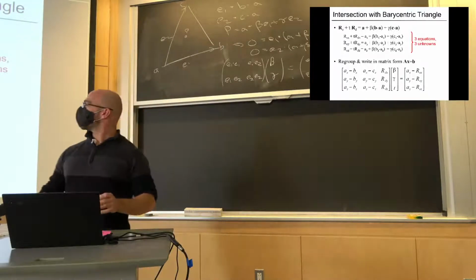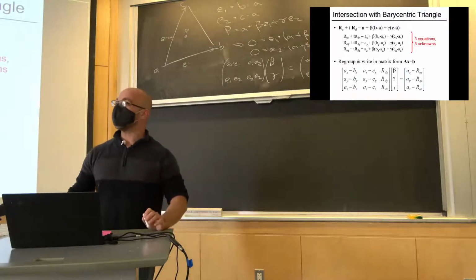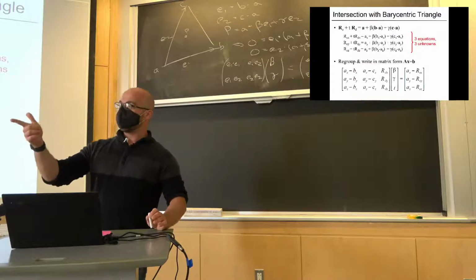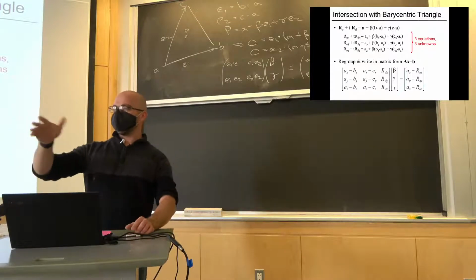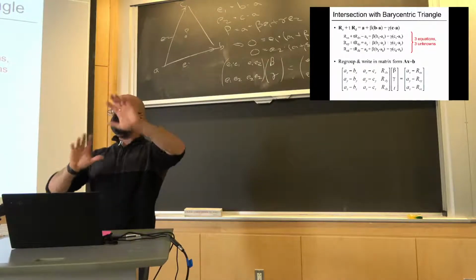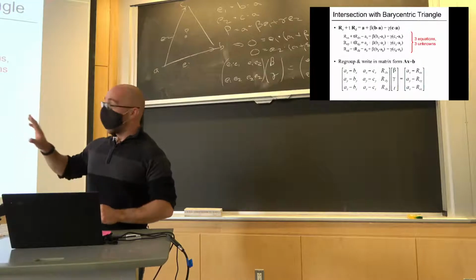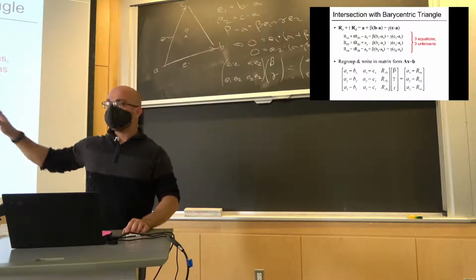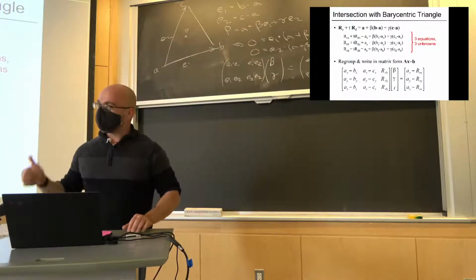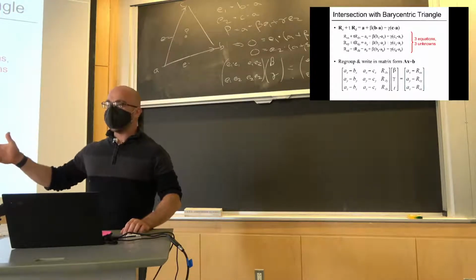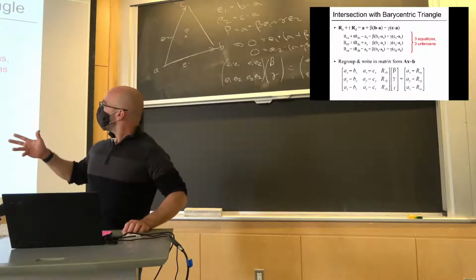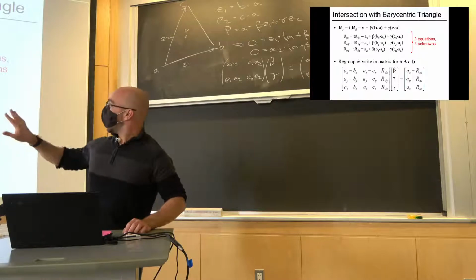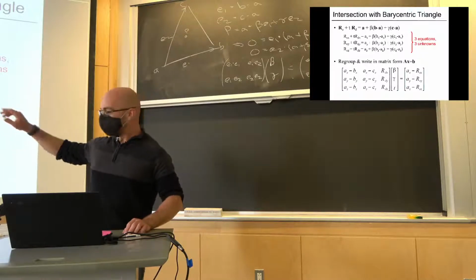That's a great question. So we're actually given a lot of information. We're given RO, we're given RD. That's what's defining the ray, right? And that comes from the eye and the camera and all that stuff. We're given A, B, and C because that's defining the triangle. The things that we don't know are t, alpha, beta, and gamma, right? We eliminated alpha, and now we're left with t, beta, and gamma.